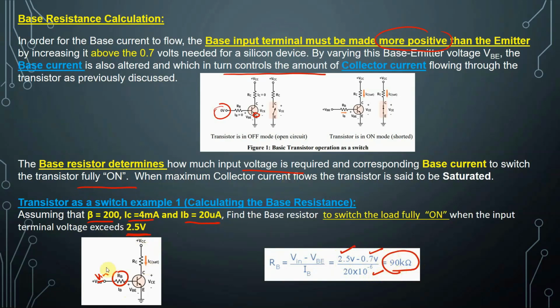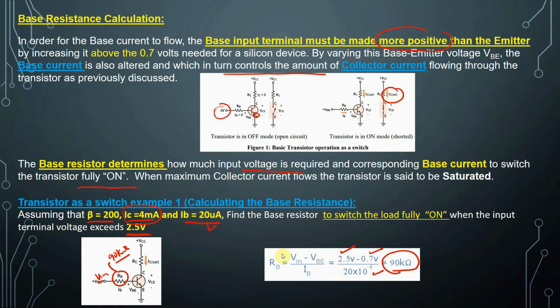So I need to put here a 90 kilo ohm resistor so that I can achieve a base current of 20 microampere, which is enough to saturate the transistor so that an IC equal to 4 milliampere will flow on the load, on the switch, right? So we will have IC saturation at 4 milliampere.